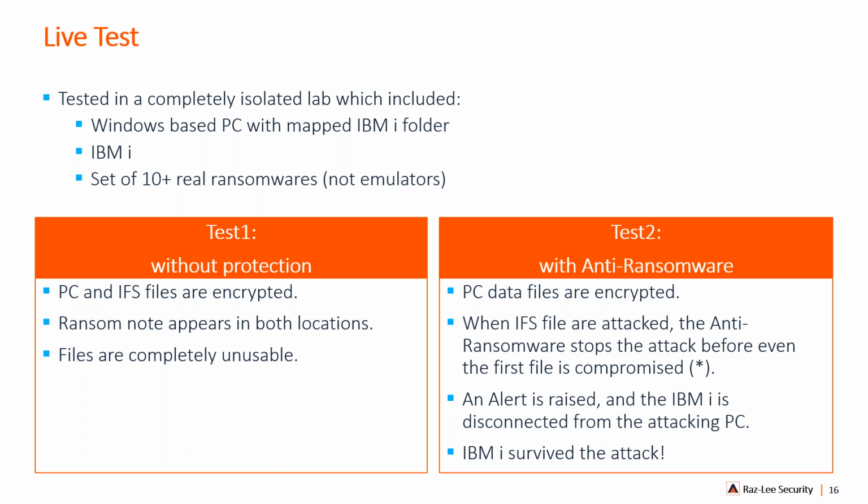With anti-ransomware, the PC files are encrypted. But when the attack reaches the IFS shared folder, the anti-ransomware stops the attack, usually before or after the first or second file has been compromised. And I mean in many cases before the first file.